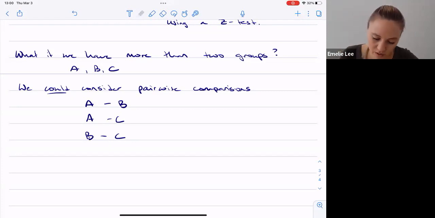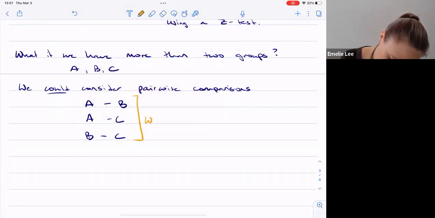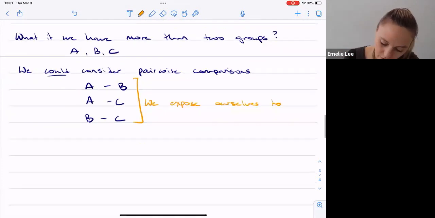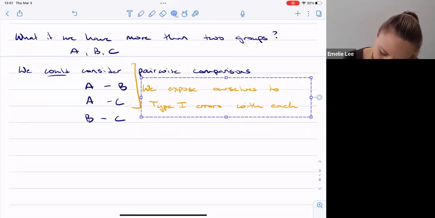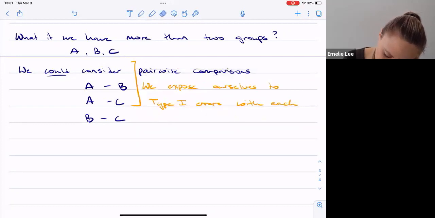So we expose ourselves to type 1 errors with each comparison.